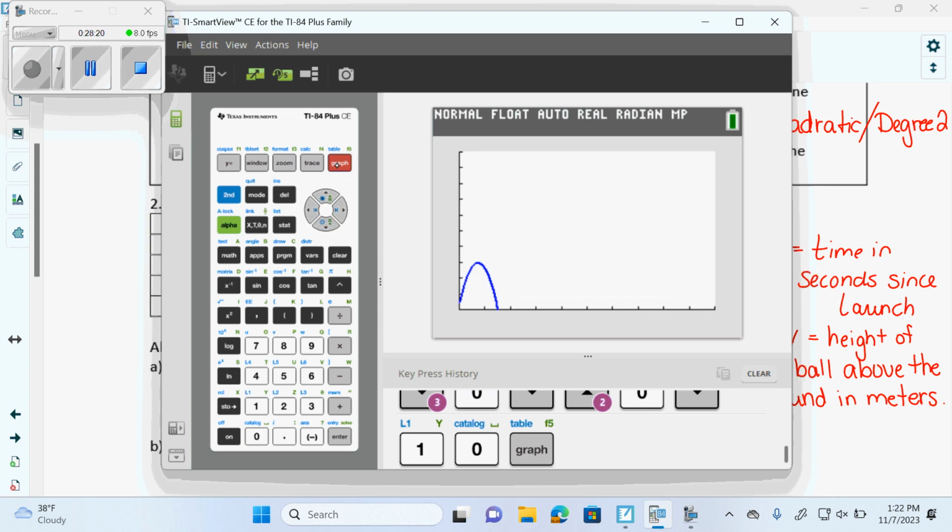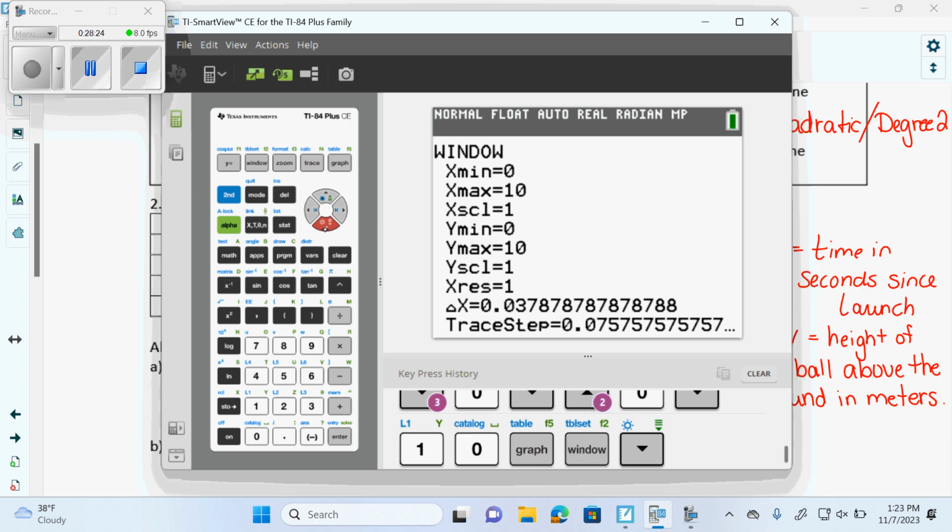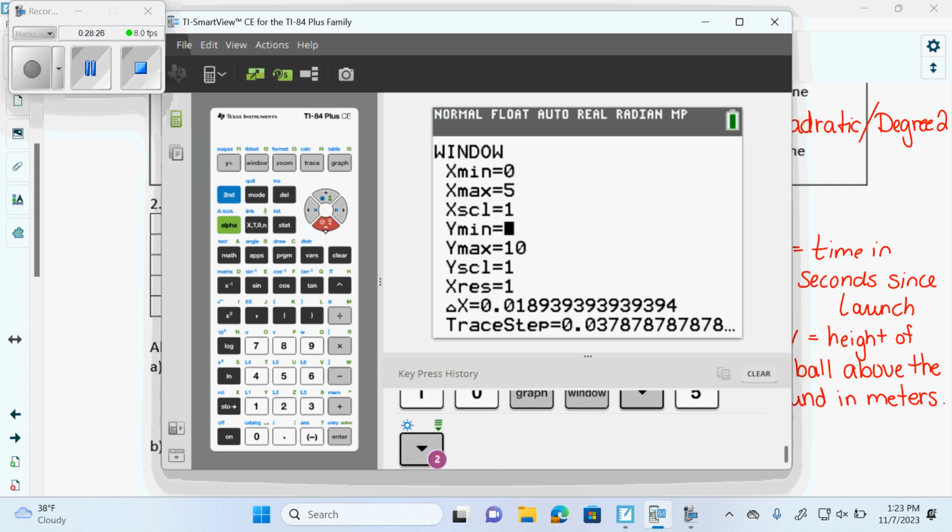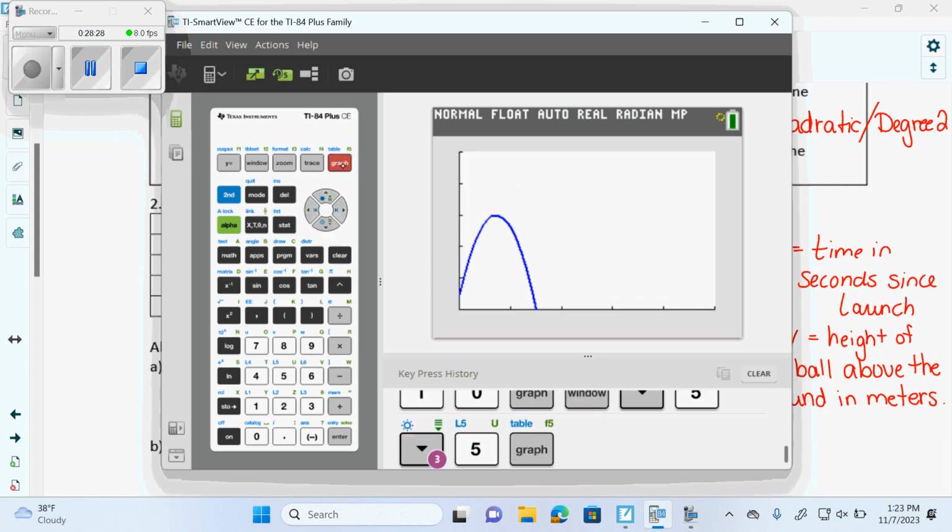So I'm a little large here for both of these. So maybe I go 5 and 5. That's a little better. I could spread it out further, couldn't I? This baby's landing pretty quick, isn't it?